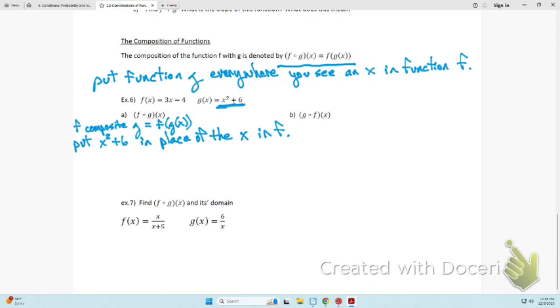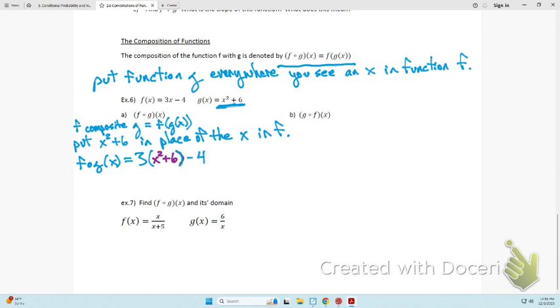So I'll start writing, let's write this first actually. I'll start writing function f, and then right away I see an x, so I'm going to put x squared plus 6 in its place, and then write the rest of f.